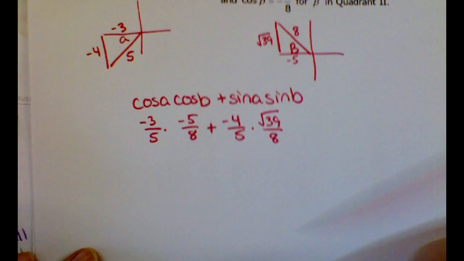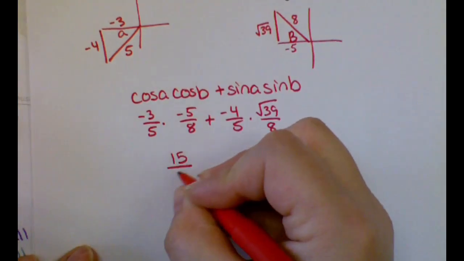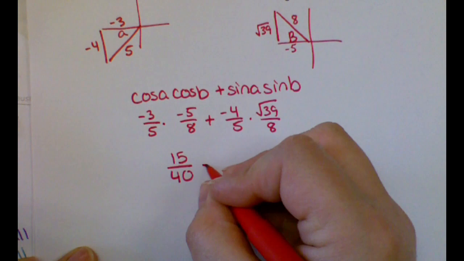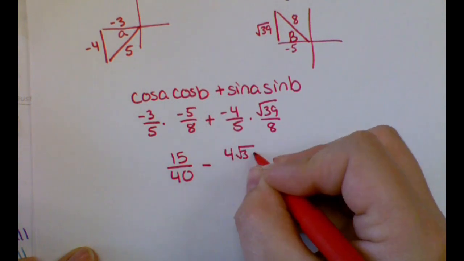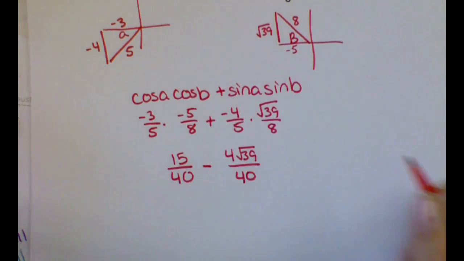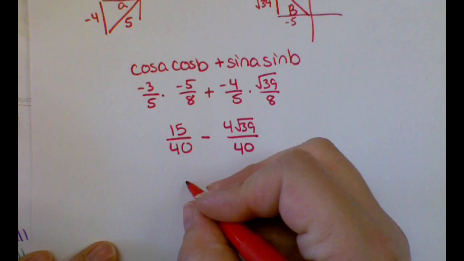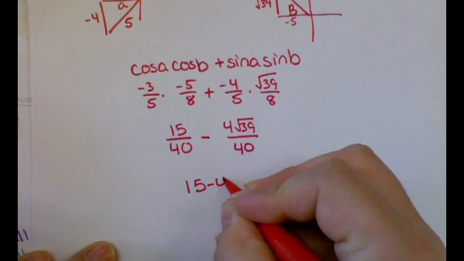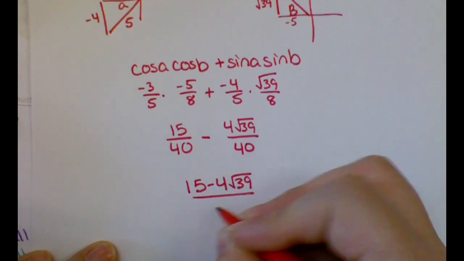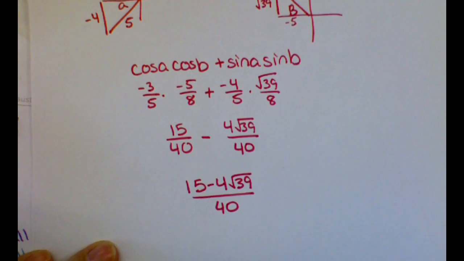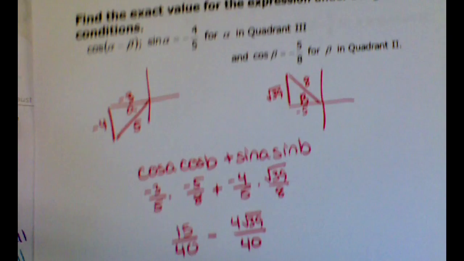So we combine. I get 15/40 minus 4 square root 39 over 40. Remember that it's easier to not simplify when you multiply here because I've already got a common denominator. 15 minus 4 square root 39 over 40. That doesn't simplify. That is my answer.